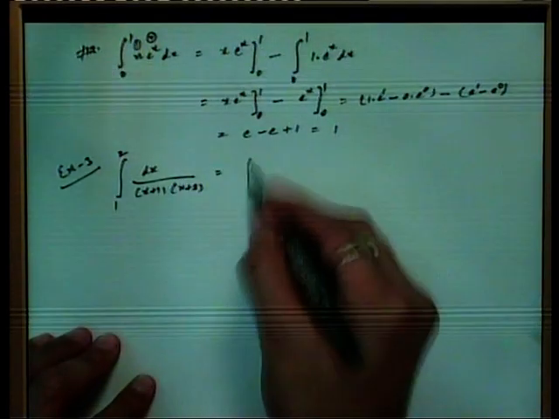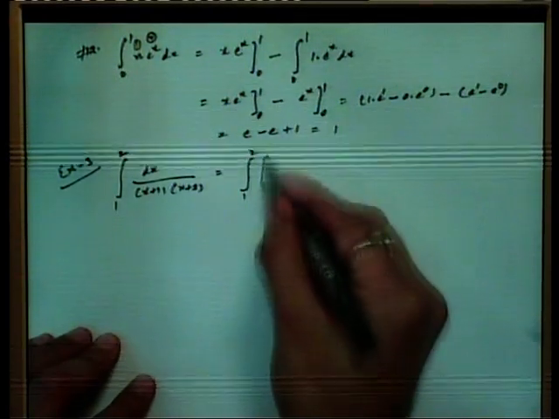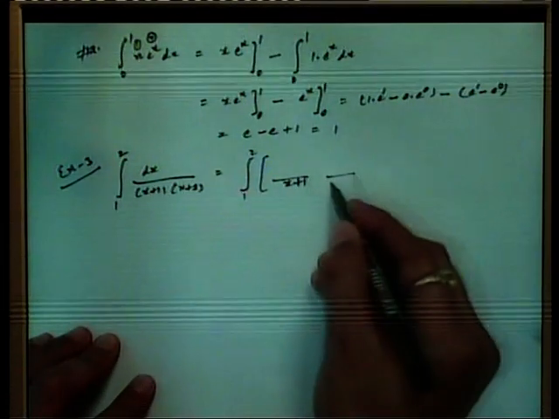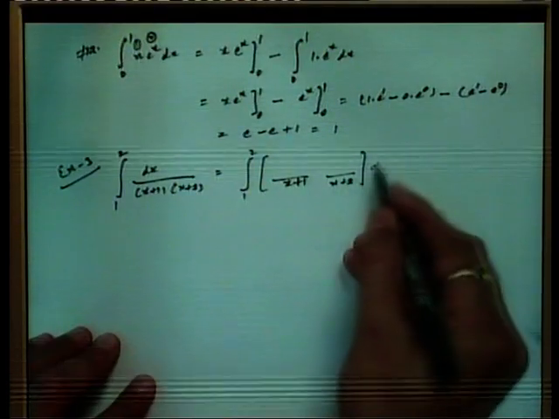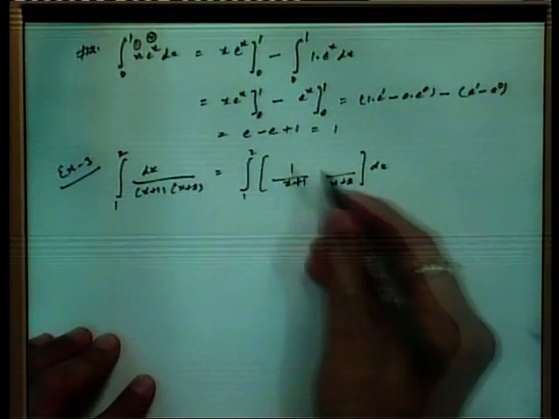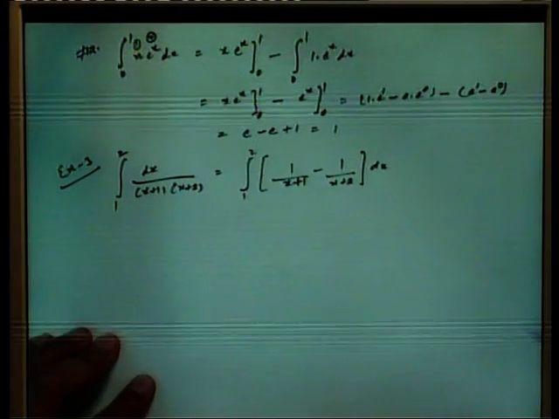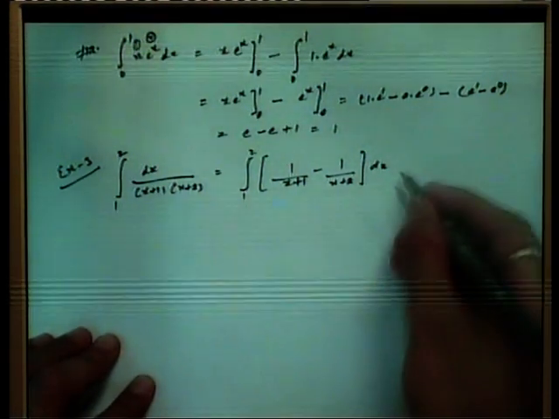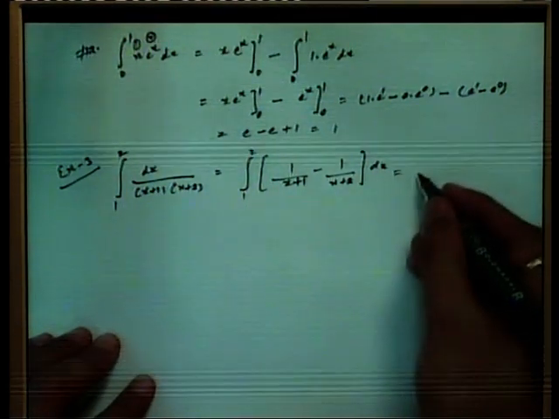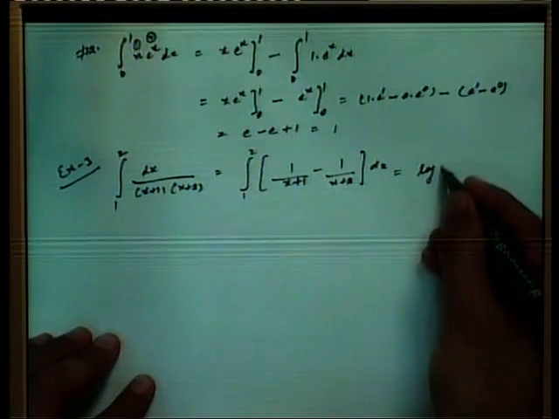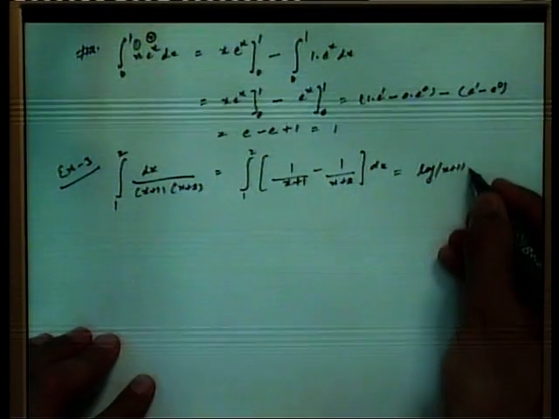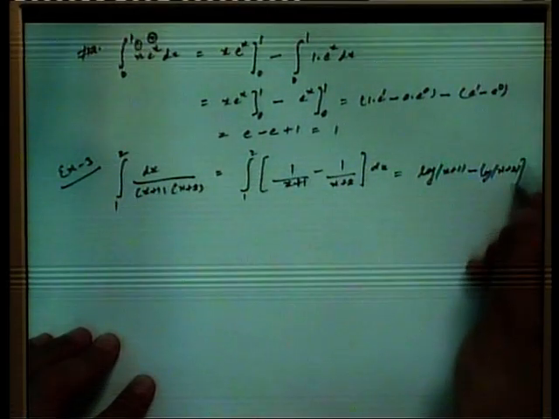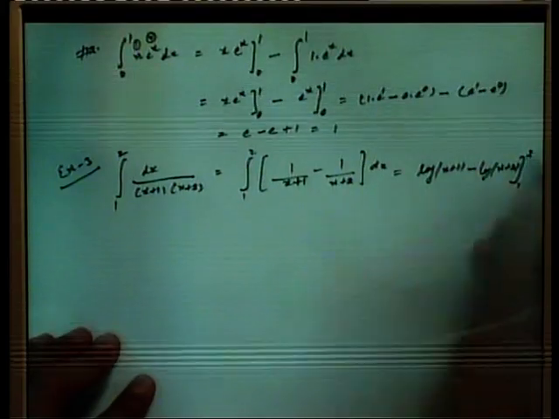So when you separate it by partial fraction, you can get here x plus 1 and here x plus 2. You can put here this is 1 and this is minus 1. So separate the function by using partial fraction. Now using simple integration, the law of 1 over x integration is log of mod x plus 1 minus log of mod x plus 2, whole limit 1 to 2.